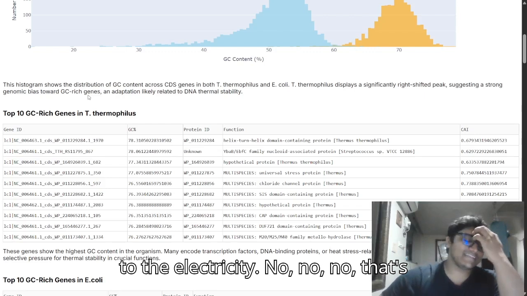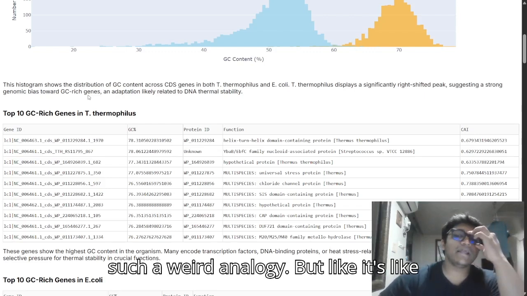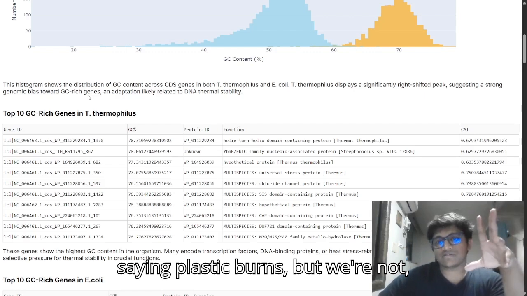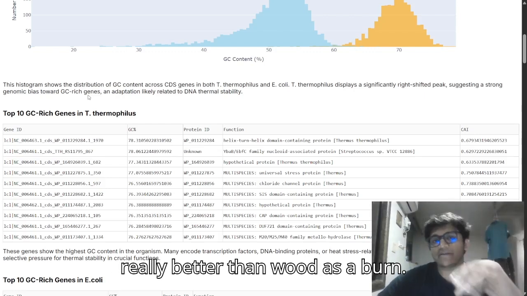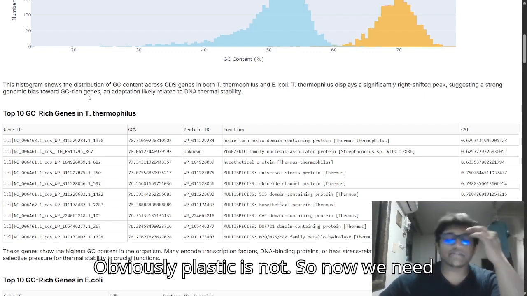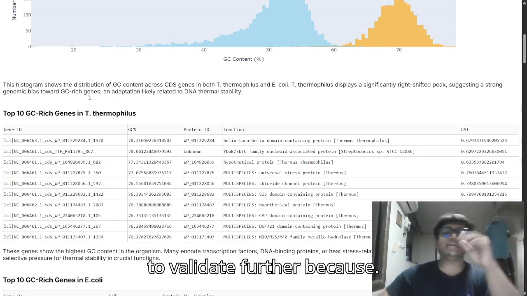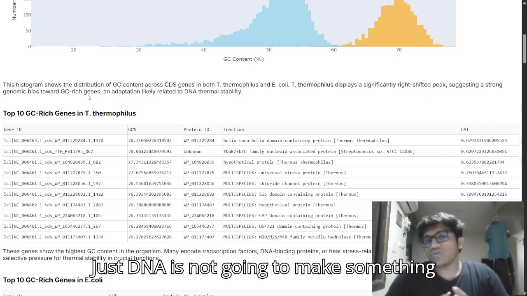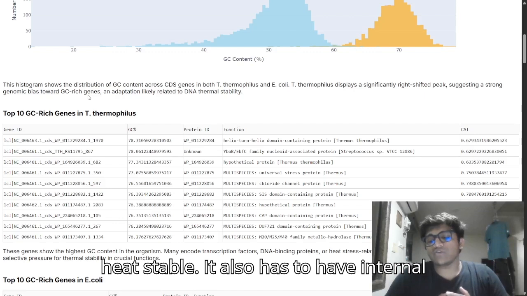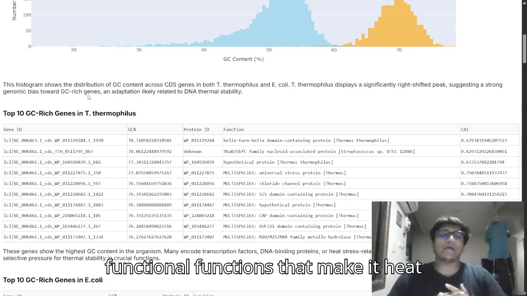No, that's such a weird analogy. It's more like saying plastic burns, but we're not seeing why it burns, or whether it's really better than wood as a fuel. Obviously, plastic is not. So now we need to validate further, because just DNA is not going to make something heat stable. It also has to have internal functions that make it heat stable.